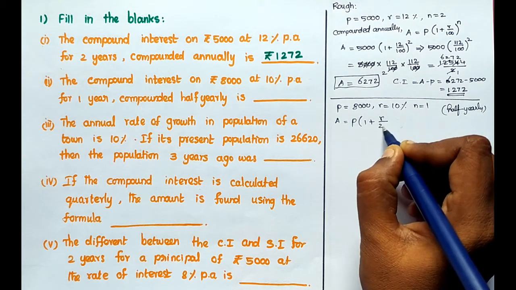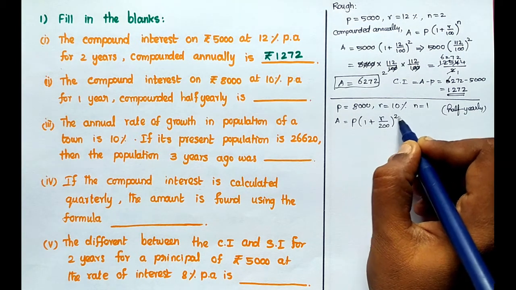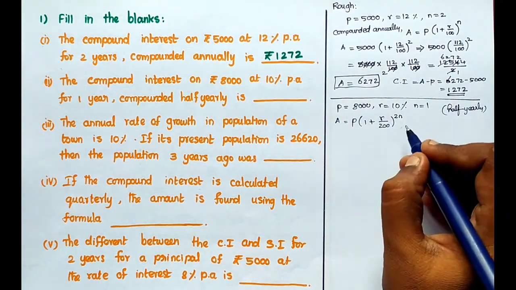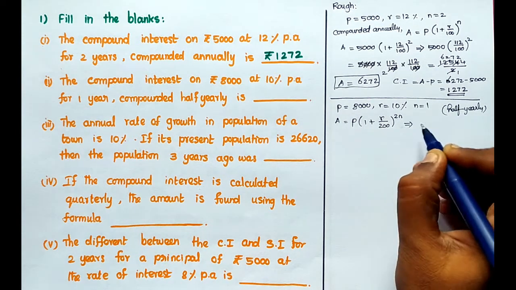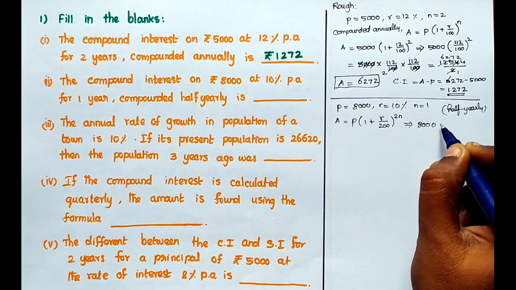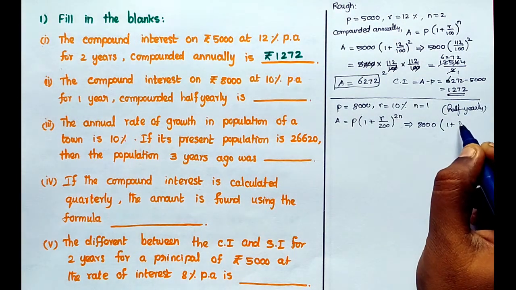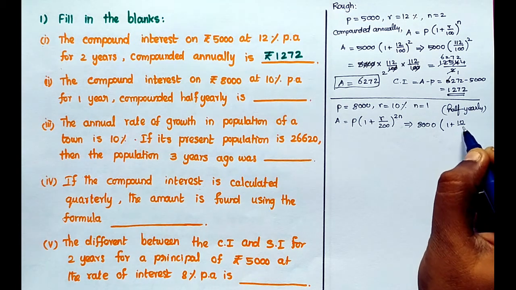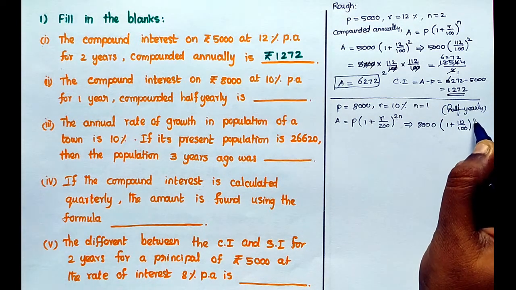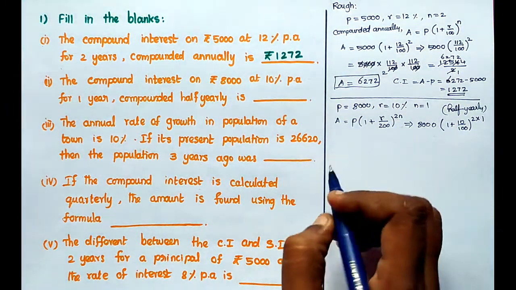R by 200 whole to the power 2n. Now principal is 8,000 into 1 plus R is 10 divided by 100, 2 into n is 1.